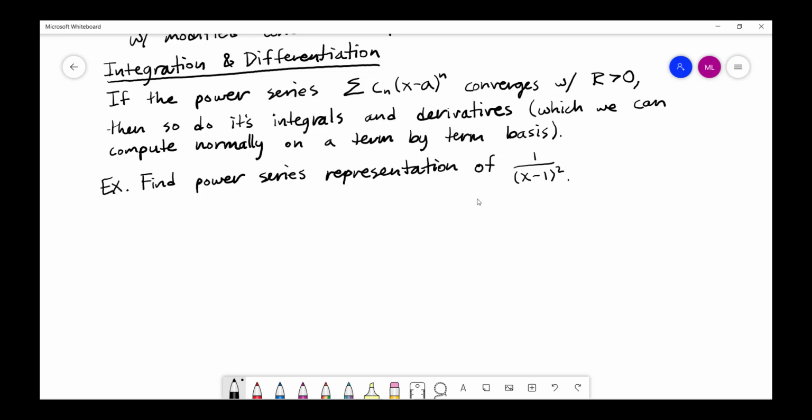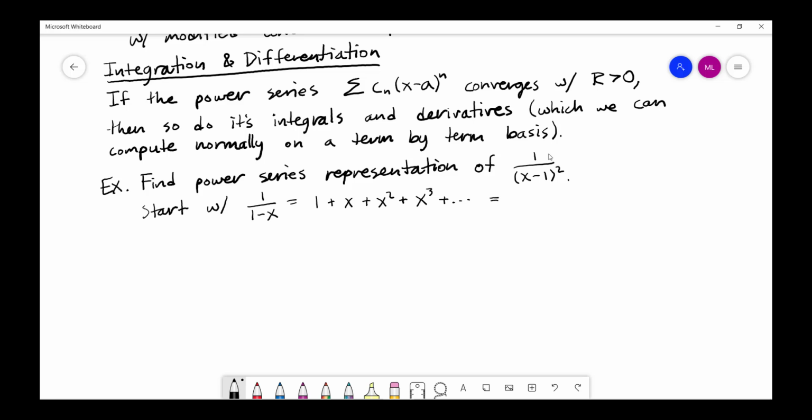So if I can relate this function to a known function through either integration or differentiation, then I can use that to generate the power series for this. So I'm going to start with 1 over 1 minus x, which we know is equal to 1 plus x plus x squared plus x cubed plus dot dot dot.